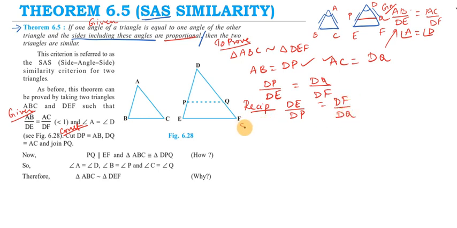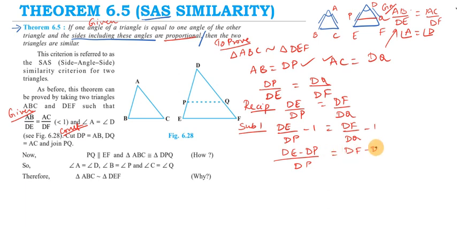Then what did we do? Subtract 1 on both sides. So we had DE by DP minus 1 is equal to DF by DQ minus 1. So we had DE minus DP by DP is equal to DF minus DQ by DQ.